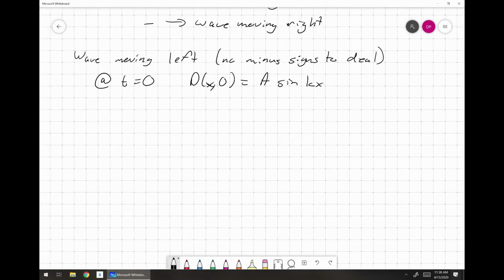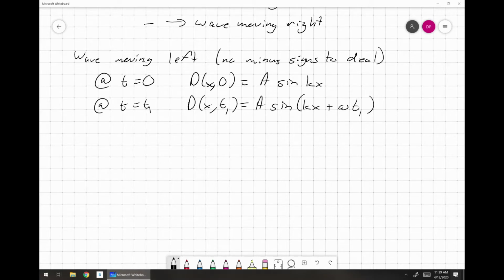Now, if we look at the wave shape in space at a particular time t1, some later time, then at t equal to t1, we have d of x and t1. It's going to be A sine of kx plus omega t1, right? So we can see here that we have this kind of sine wave.